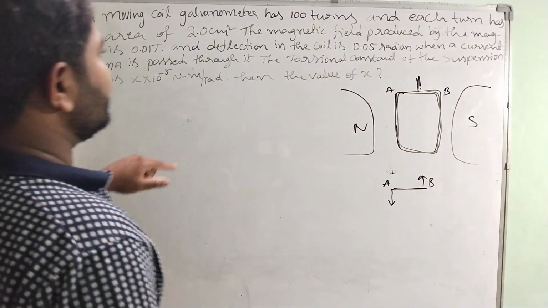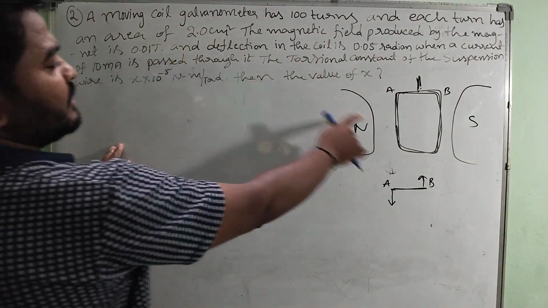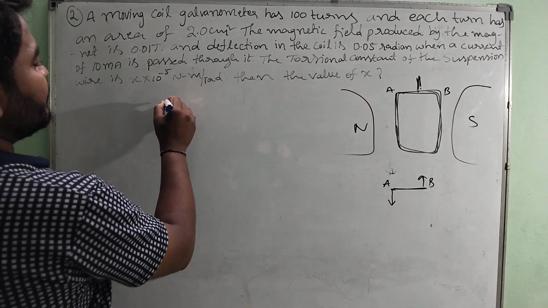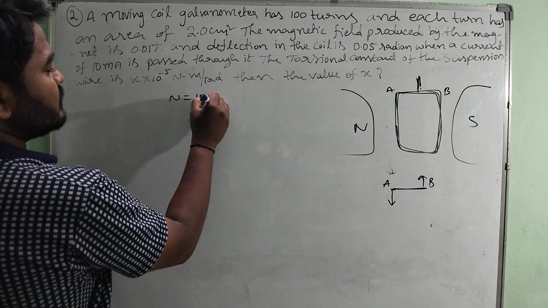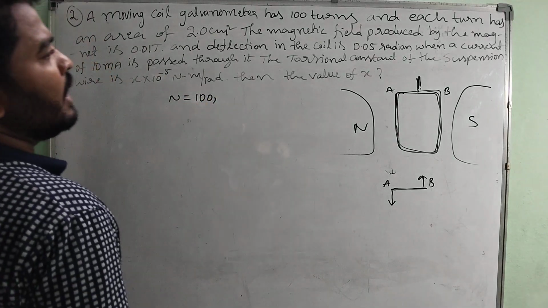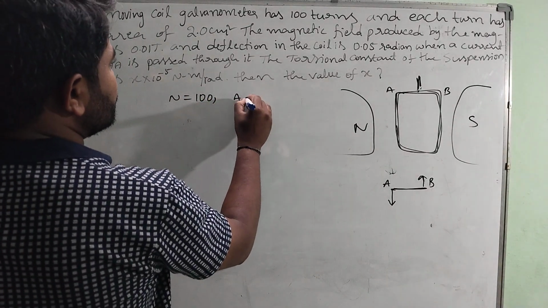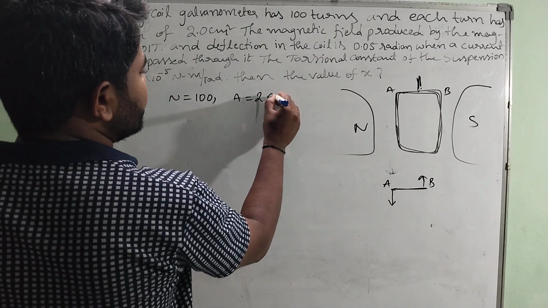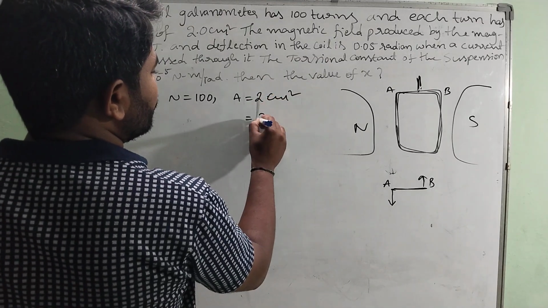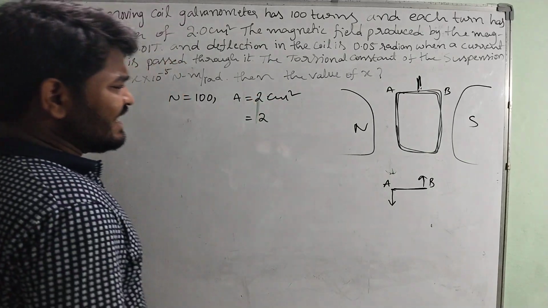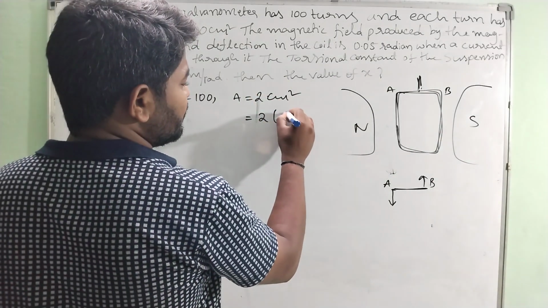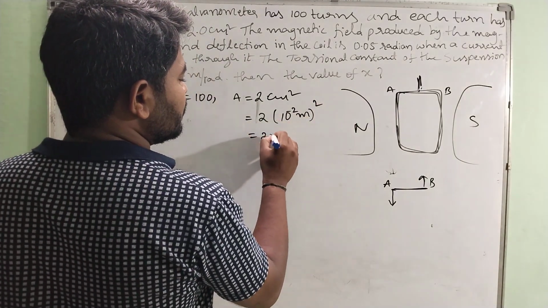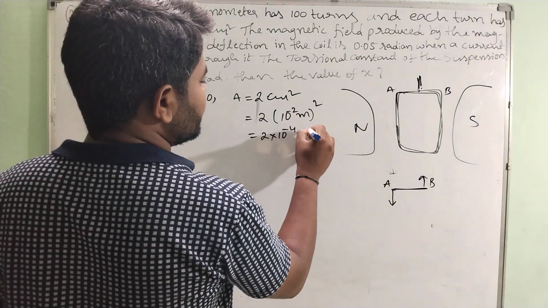So here what they are saying, the external magnetic field strength B is given. First of all, the number of turns N is equal to 100, given data, and the area is 2 centimeter square. Let's convert into meters: 2 into 10 to the power of minus 4 meters square.